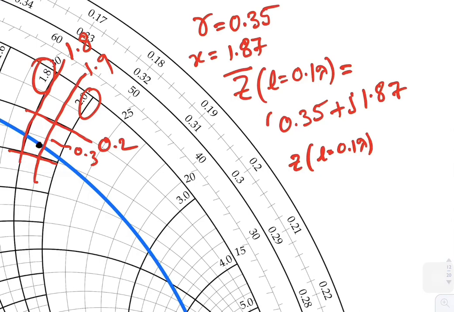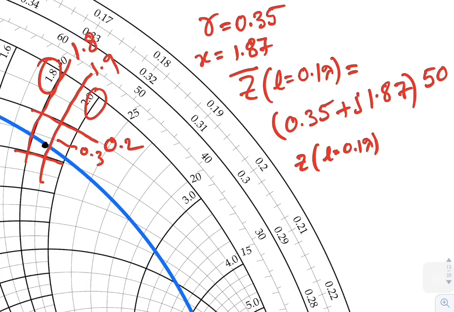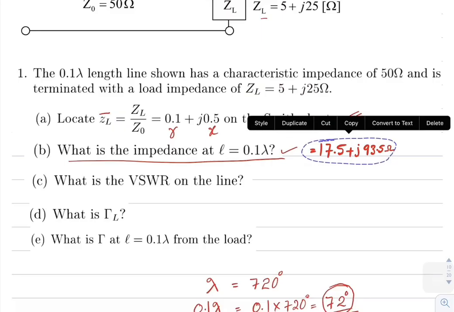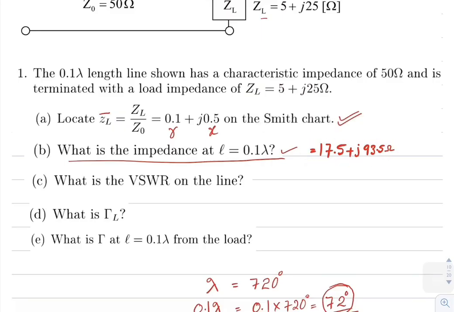Therefore, you have to multiply this value with the characteristic impedance, that is 50. Therefore, Z at L equal to 0.1 lambda equal to 17.5 plus j times 93.5 ohms. So the answer is, the impedance at L equal to 0.1 lambda is 17.5 plus j times 93.5 ohms.